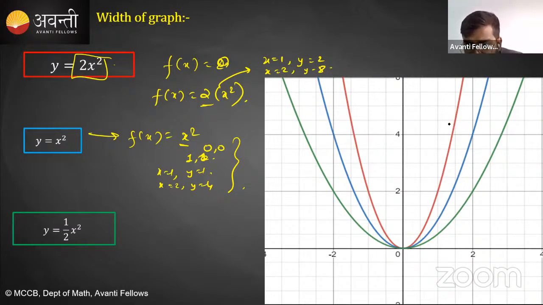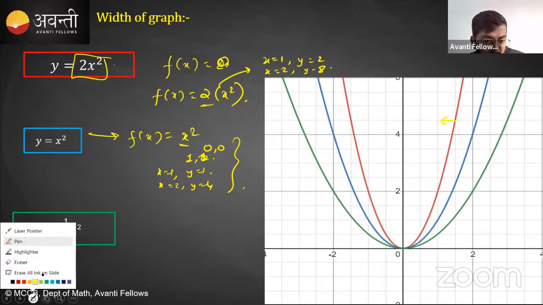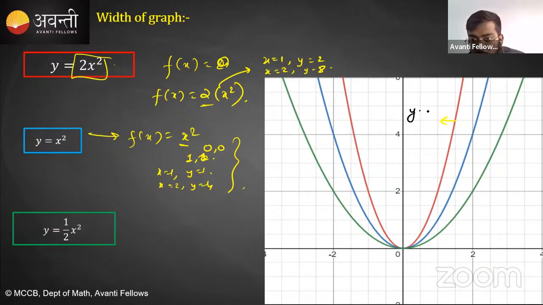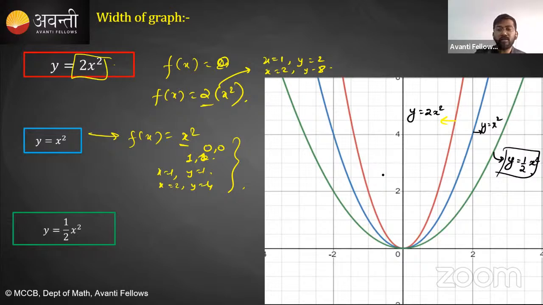So that means this is the graph of y equals 2x square. This is the graph of y equals x square. This is the graph of y equals 1 by 2 x square, right?